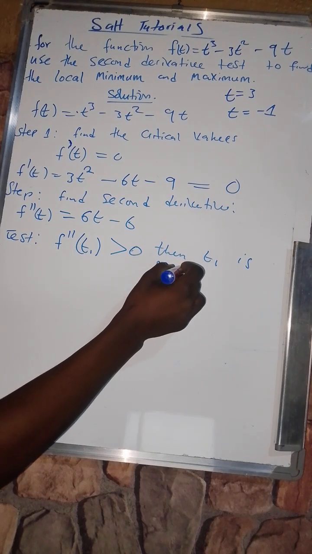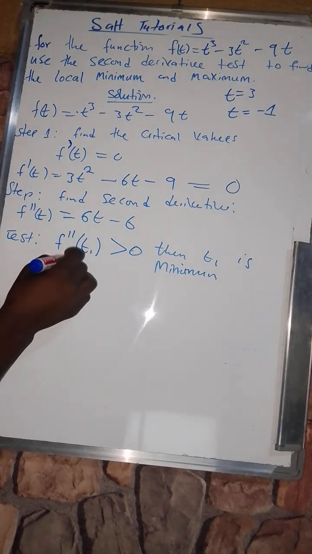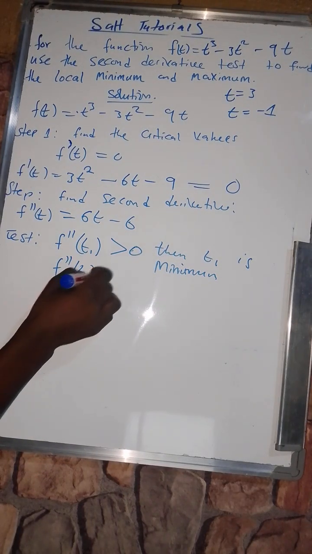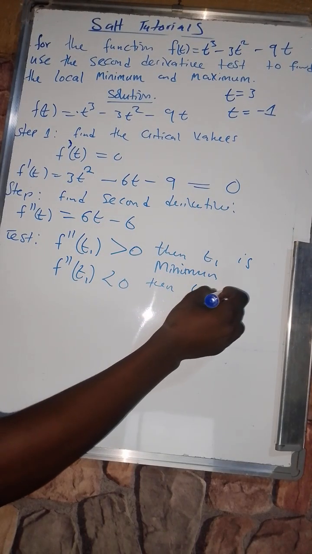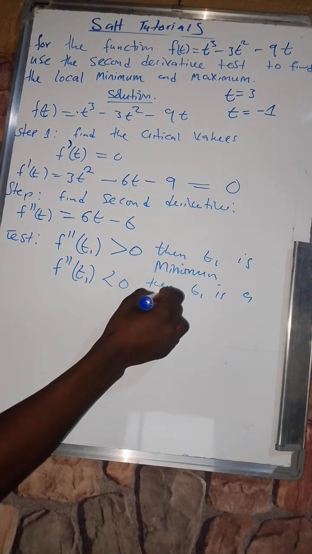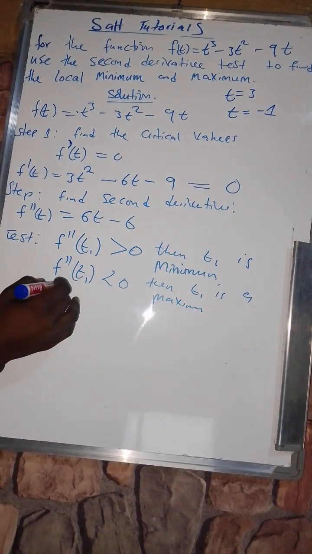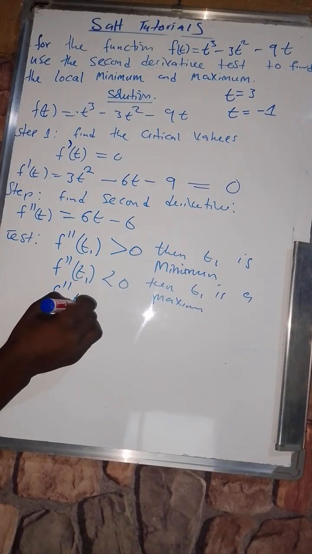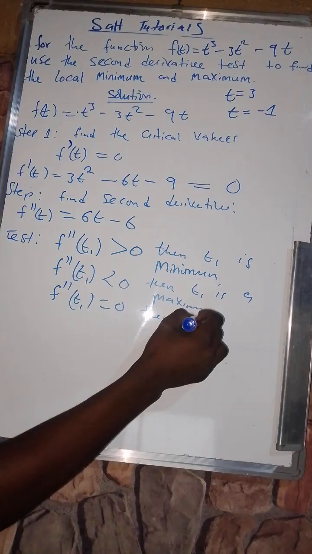But if f double prime of t is less than 0, then that value is a maximum. If f double prime of t is equal to 0, then it is neither. That's the concept.